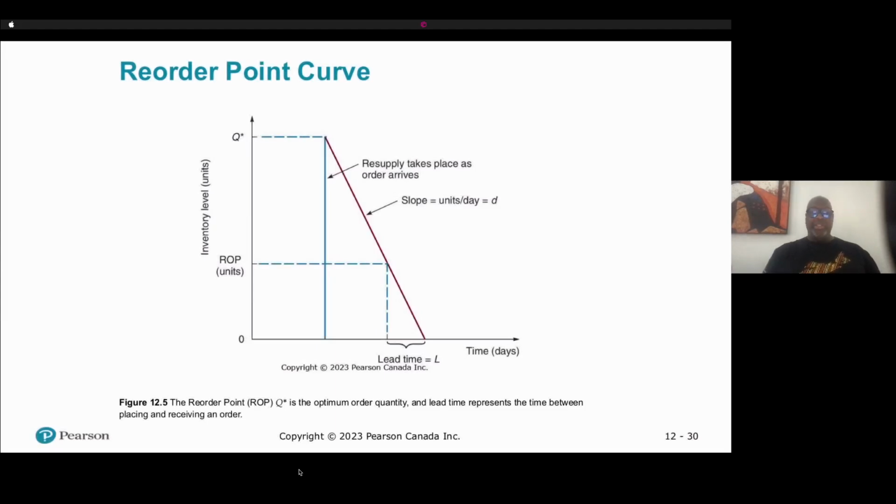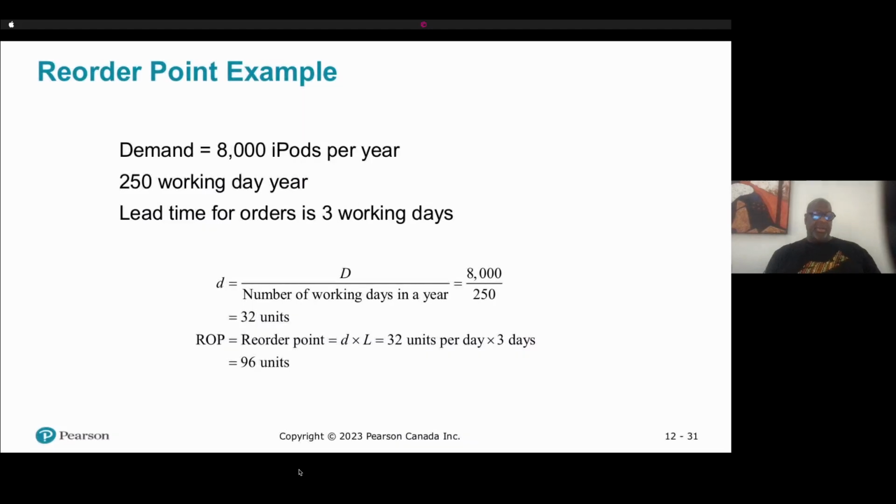So this diagram is just showing you exactly what I've already shown you: we have the usage, the reorder point, and then we see the lead time right here. So that's our reorder point in units, and we will place the order to give us just enough time for the item to arrive. D is your average daily usage, which would be your annual demand divided by your number of working days per year.